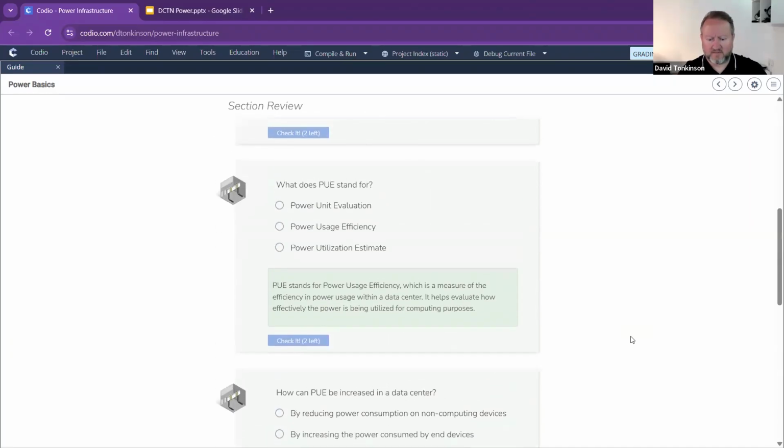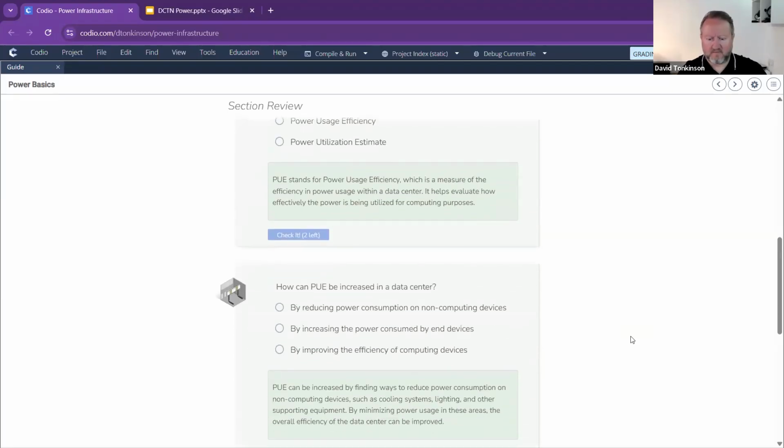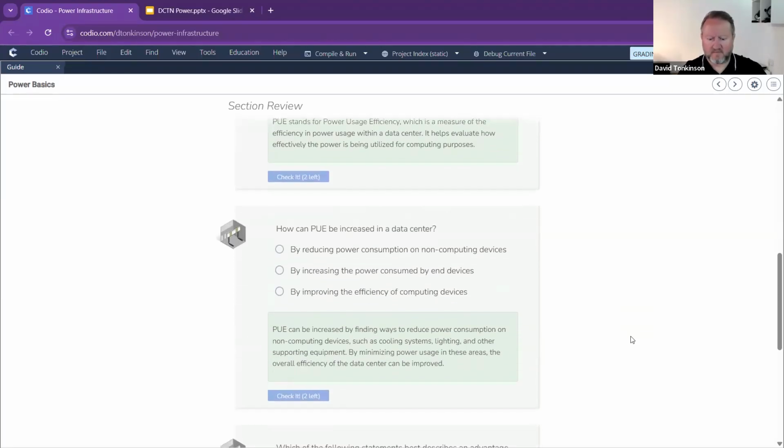Where is the question? Oh, okay. Good here, the PUE, remember that was that value, that rating that we gave ourselves, which is a comparison between electricity we are spending on the IT devices, as in the servers and the switches and the critical things for our system, compared to the amount of electricity we're spending on things like air conditioning and lighting and any other security devices that we have.